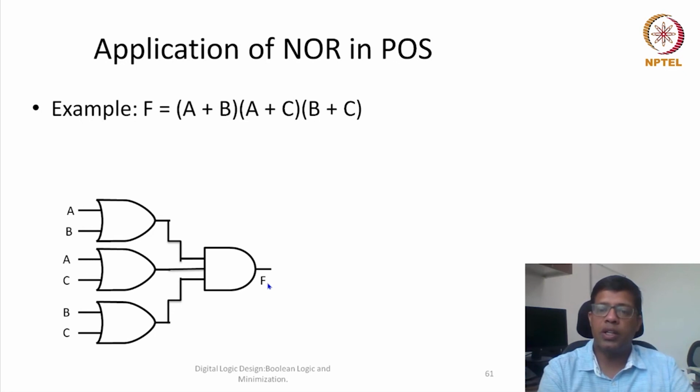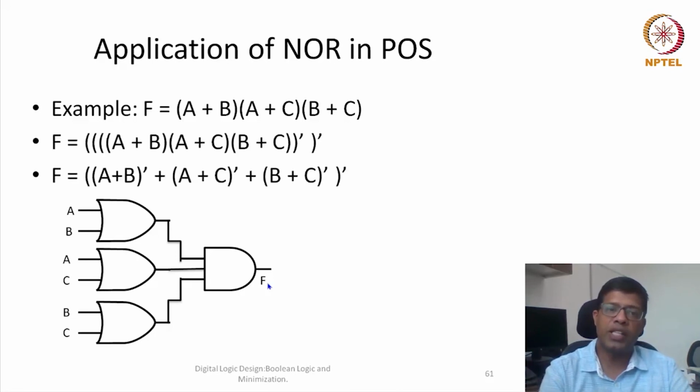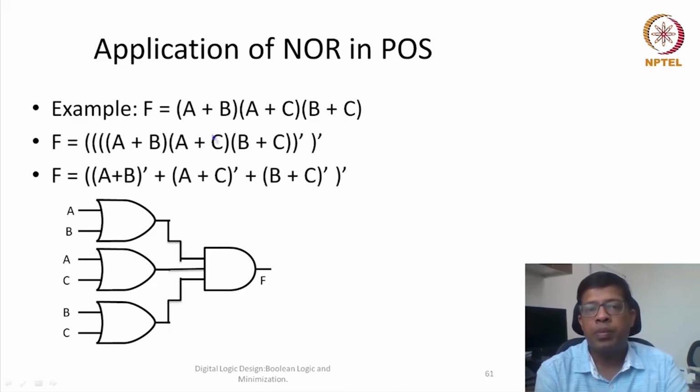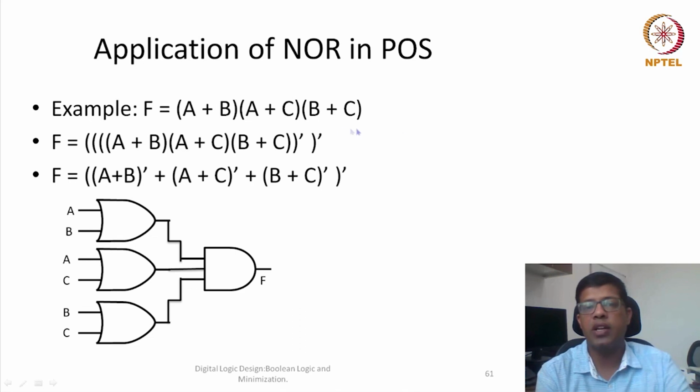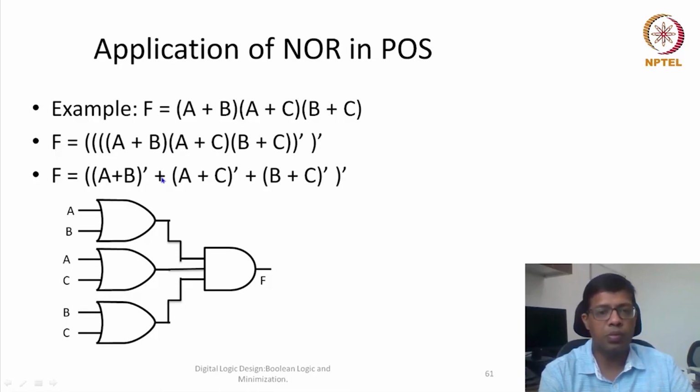Now, similar to our NAND gate implementation, we again double invert this function F, F double dash. Whatever this expression is, (A plus B)(A plus C)(B plus C), this whole is inverted, and the output is again inverted. Because of De Morgan's law, this first inverter can be converted into (A plus B) dash plus, where the product is converted into plus, and AND is converted into OR.